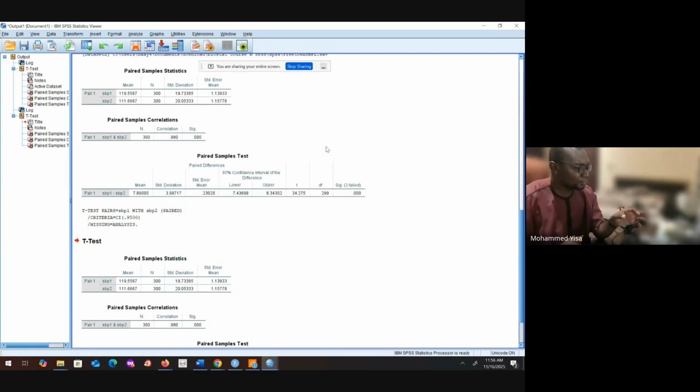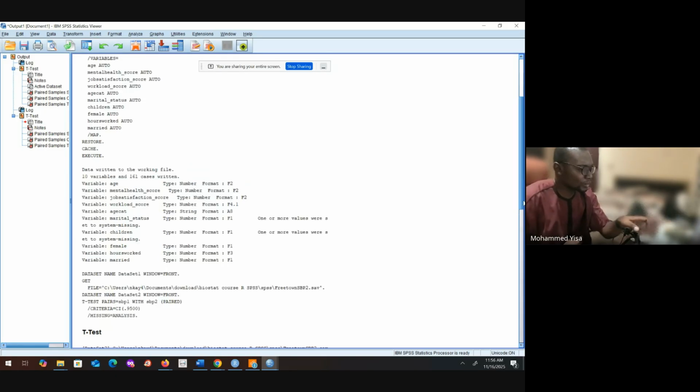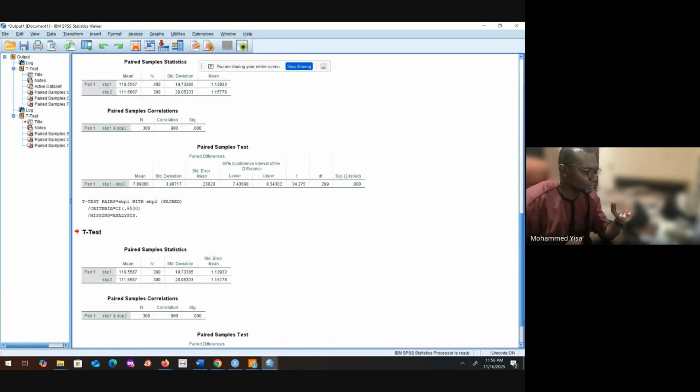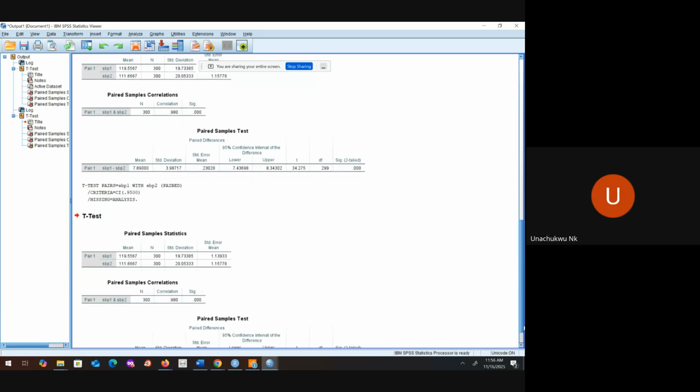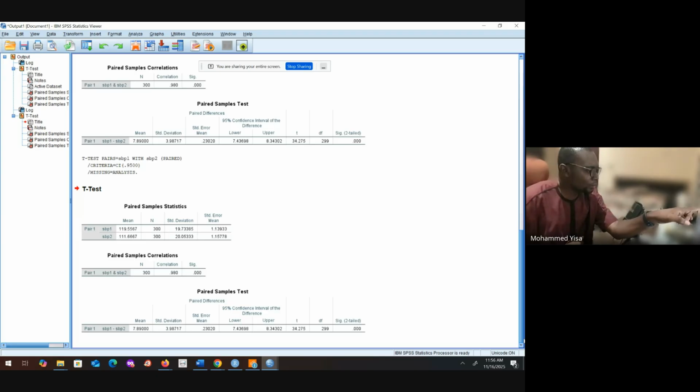So when you go to the paired differences, no, don't move, just go back. So can we go down? Yep. So when you come here, paired differences.